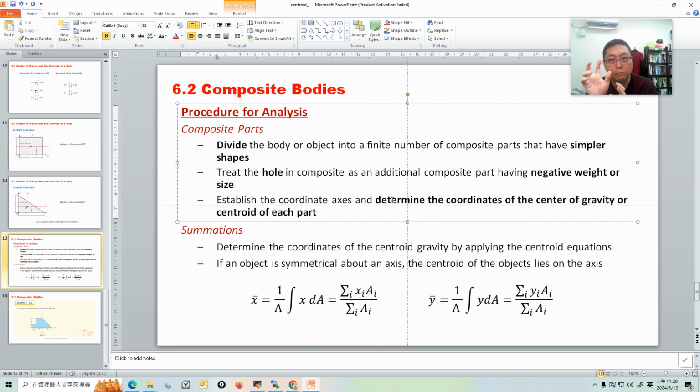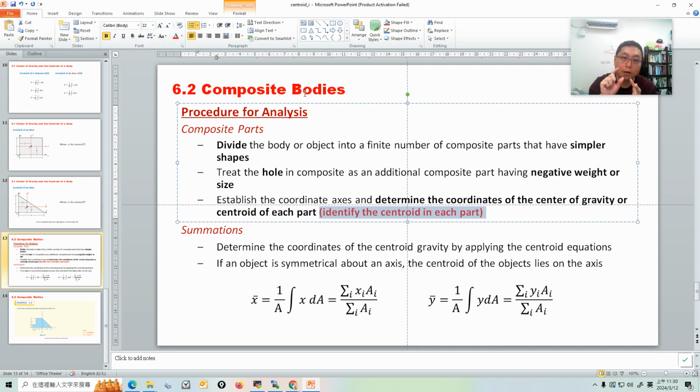So first of all, you divide your composite area or composite body into simpler shapes, many simpler shapes, and then try to identify the centroid of each part. I think that's more clear and much easier to understand.